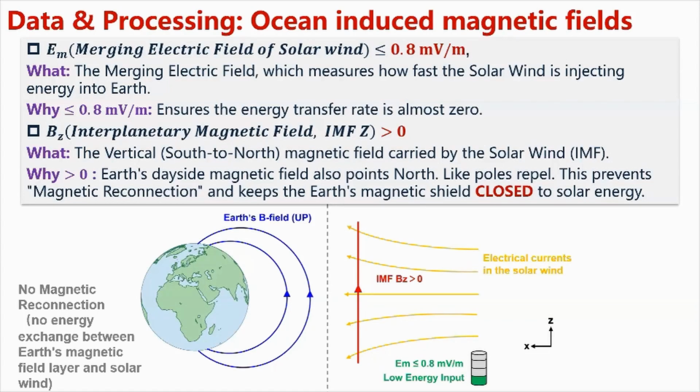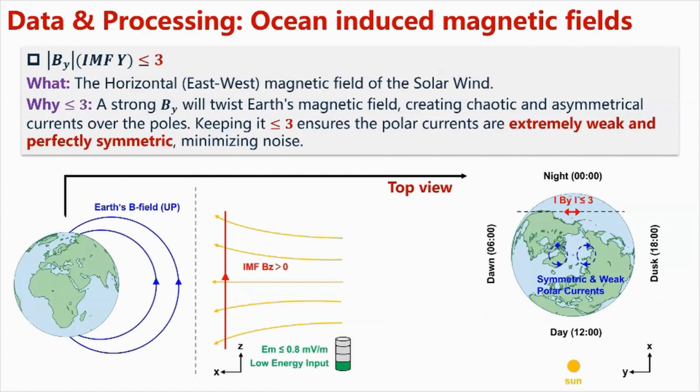As you can see here, this is the direction of the magnetic field. Because the magnetic fields are parallel to each other, so-called magnetic reconnection does not happen. It means the transition area between the solar wind and the magnetic field is kept minimal. We also measure the By component.